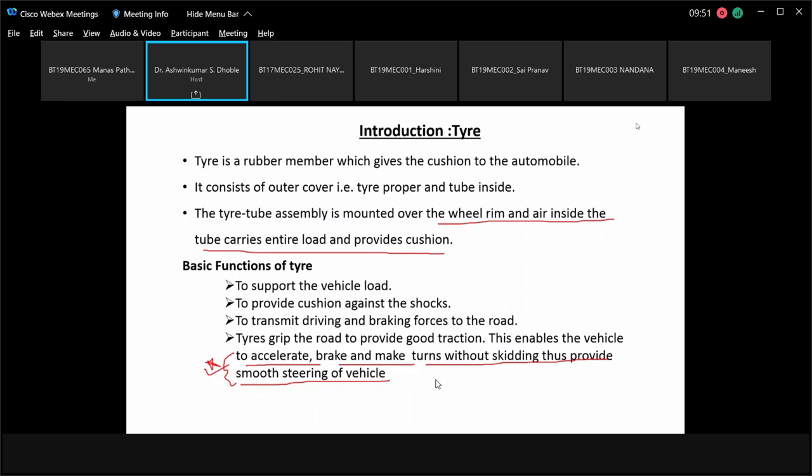People made the tire from rubber, and during summer days the tire used to become more elastic, and riding the vehicle was very difficult because the tires were not maintaining their elasticity. Somehow the US government declared that whosoever makes a tire which will last in all seasons will be given due reward.